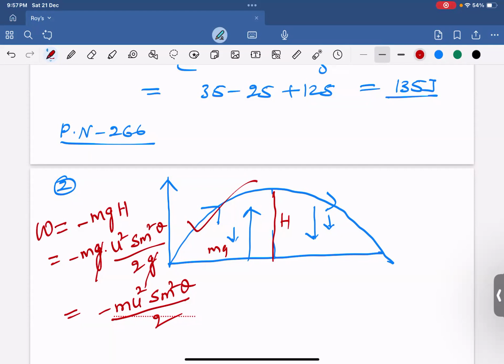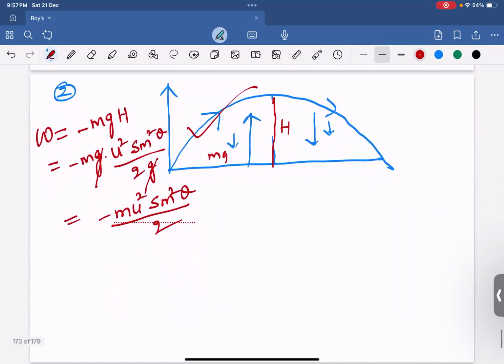On the same page, one good question is question number 7. It says that a man running on a horizontal road has half the kinetic energy of a boy of half his mass.